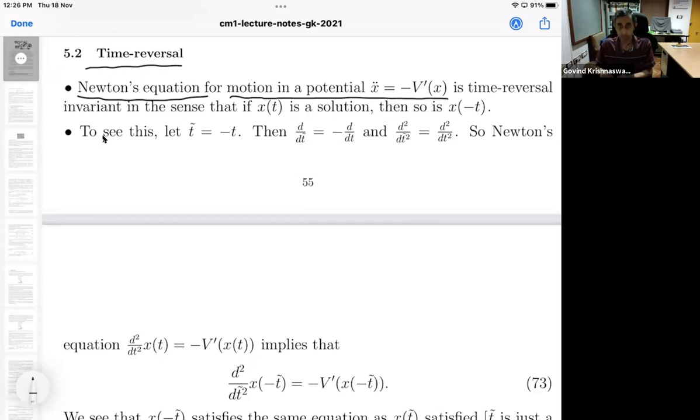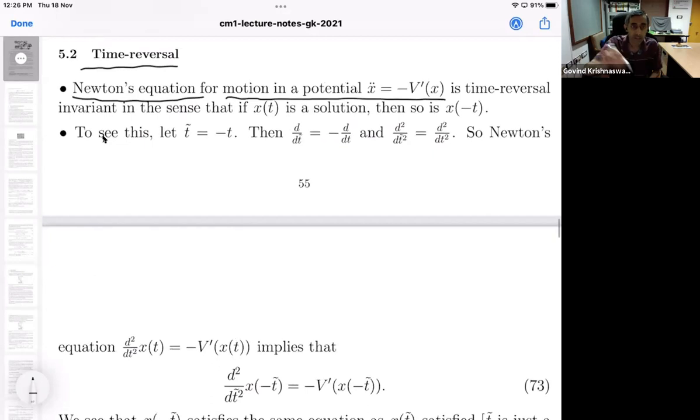What does this mean? It can be stated mathematically, but we can also think about it physically or in terms of pictures and movies, and we will do both. Let me first make a precise statement.